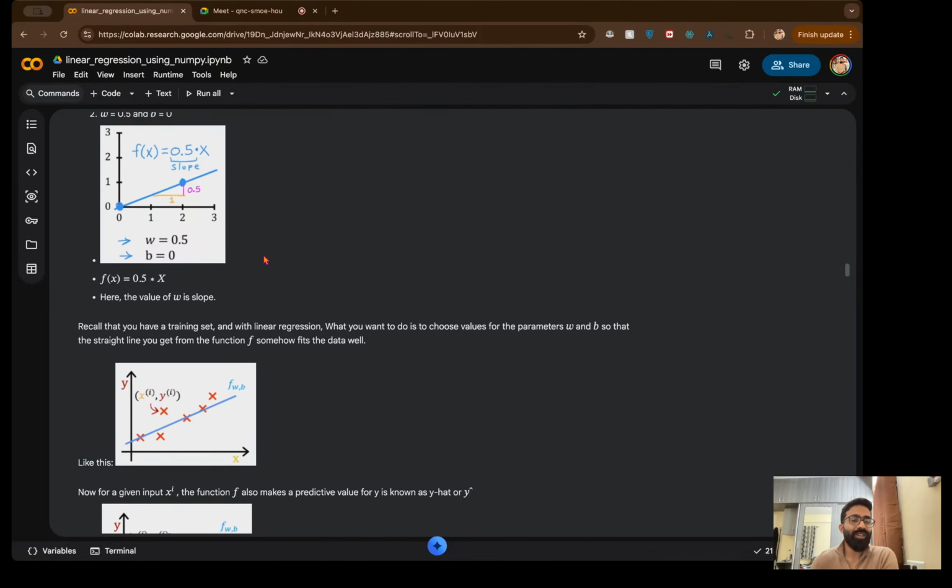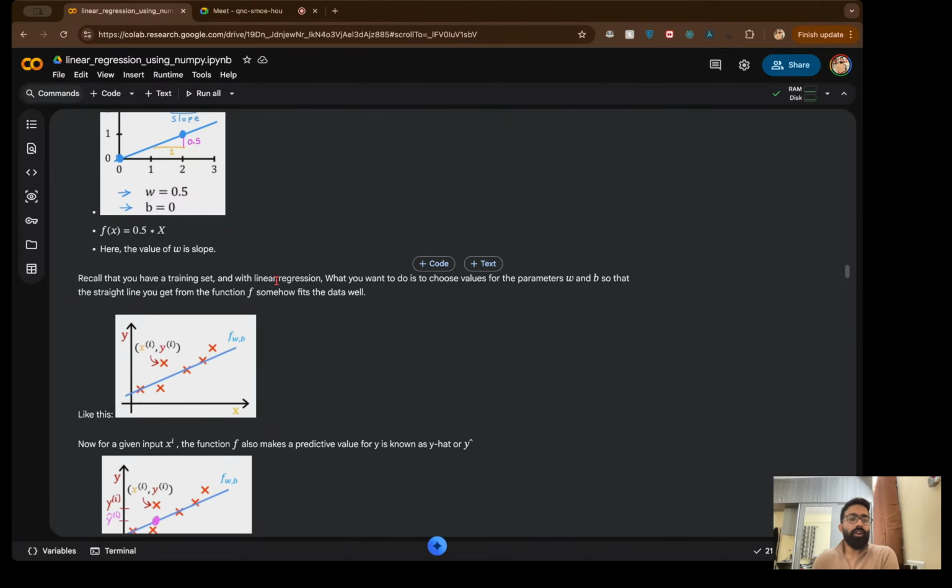So if I increase the angle, let's say there is a certain angle of this line with the x-axis. You can imagine the angle between the line and the x-axis, correct? Yeah. So if I increase the angle, that means I am increasing the slope. If I am decreasing the angle, that means I am decreasing the slope. Okay, fine.